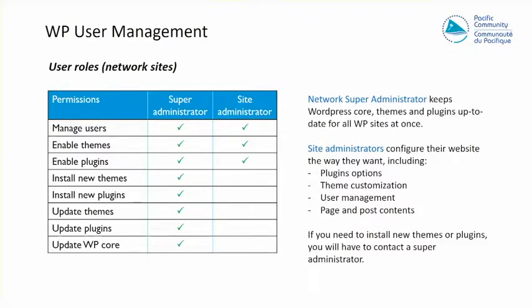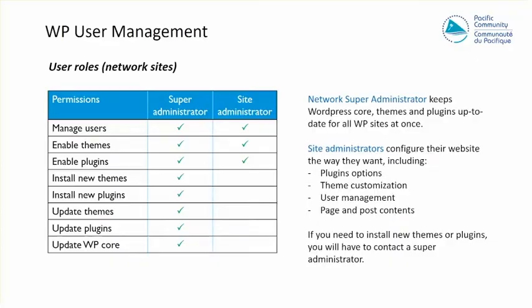Basically, you have a top level site, and then you have sub-sites within it. The top level site is what the network super administrator looks after. And then you have the site administrators that configure their website the way they want to, including plugin options, theme customization, user management, and page and post content.